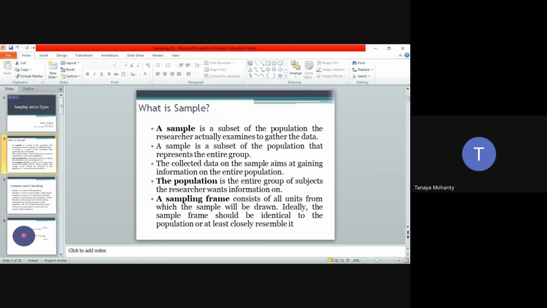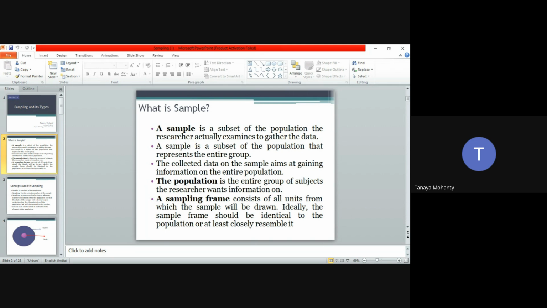And say from all the regional centers in India, you choose some of the regional centers. You pick up any two from North India, from South India, from East India, from West India, because it is not possible. You have limited time, you have limited resources, and it is not possible on your part to cover all the RCs across the country.